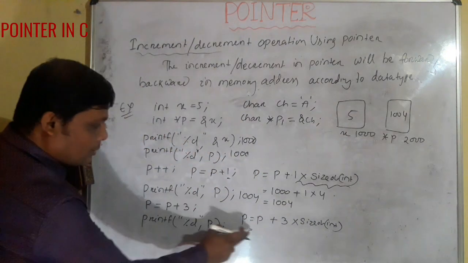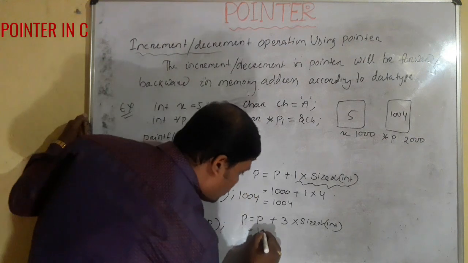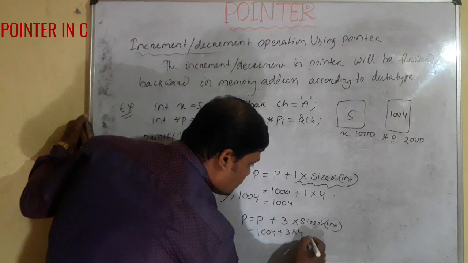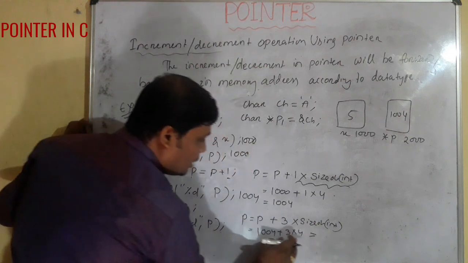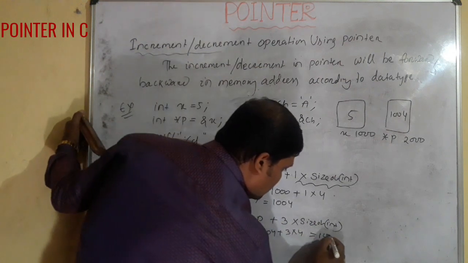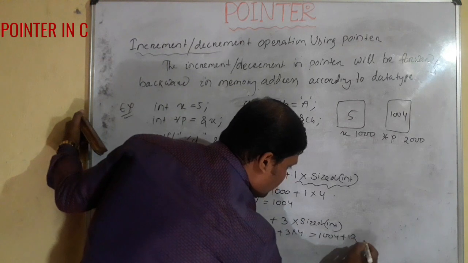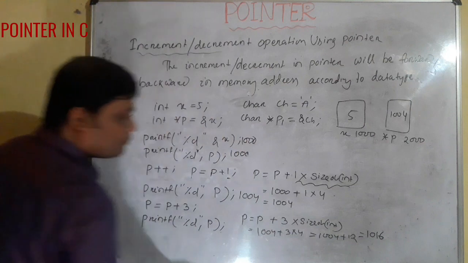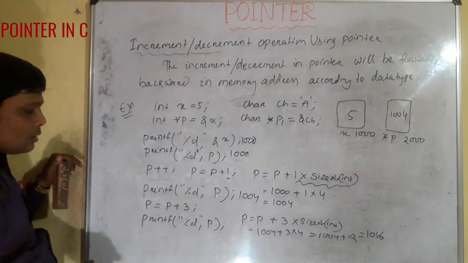Then previously it is 1004, then plus 3 into 4. 3 into 4 is 12. 1004 plus 12 is 1016. Clear?